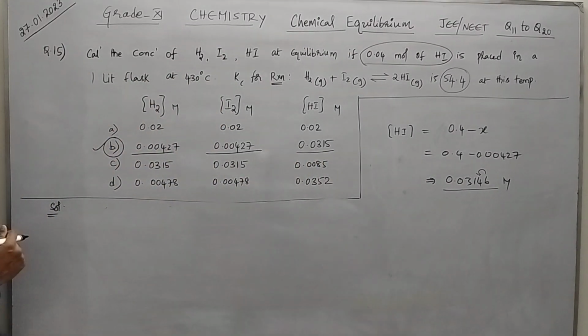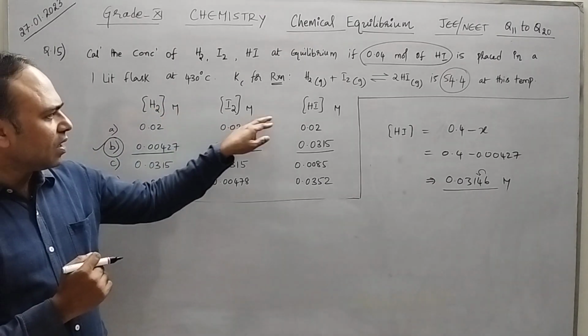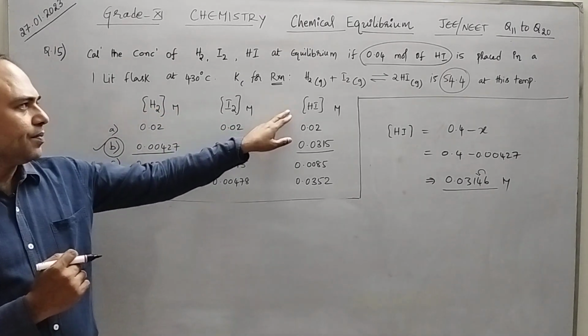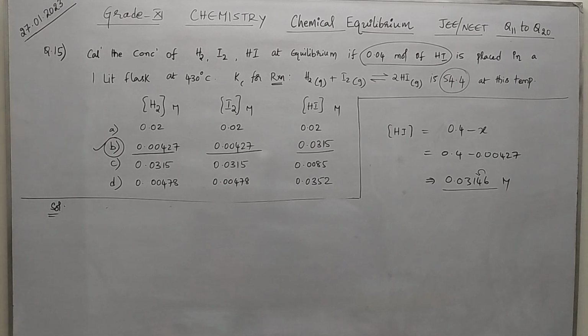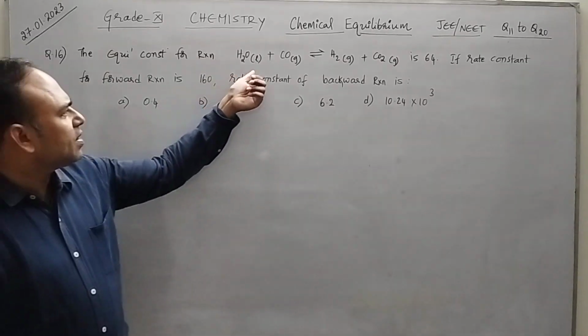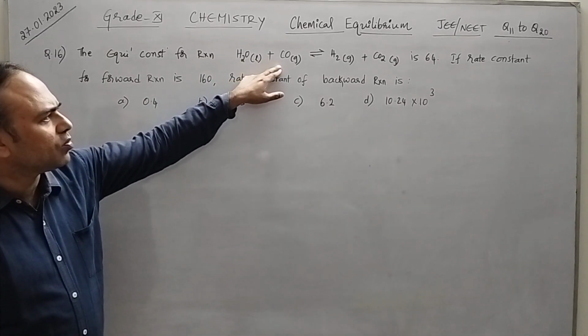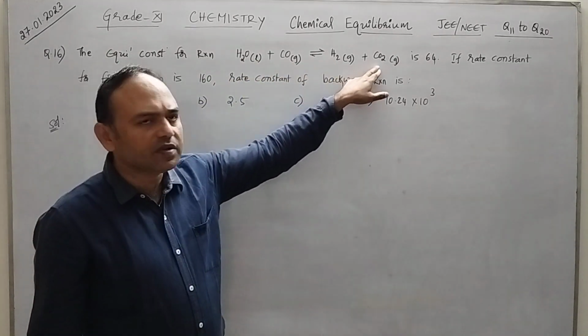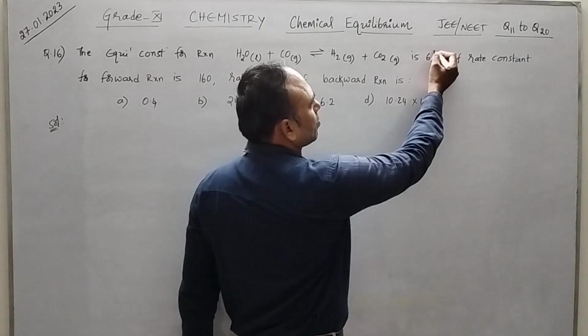We got concentration of H2 and I2 as well as concentration of HI. Now let's move to question number 16. Next, question number 16. The equilibrium constant for this reaction, H2O liquid plus CO gas gives H2 gas plus CO2 gas, is 64.